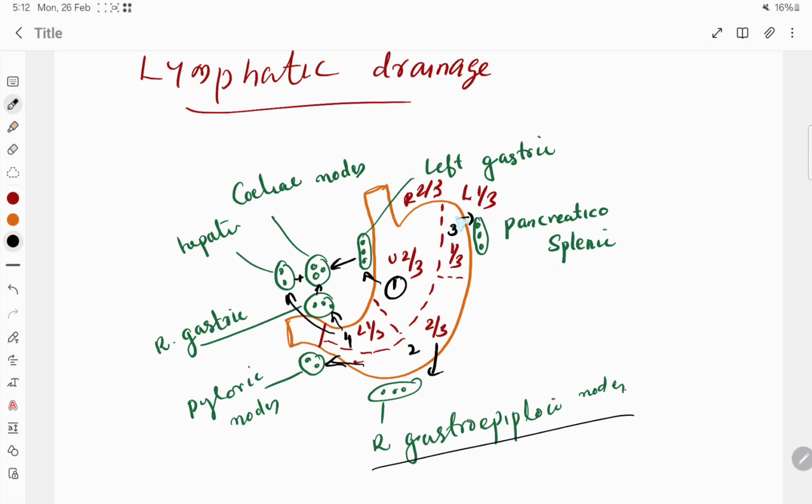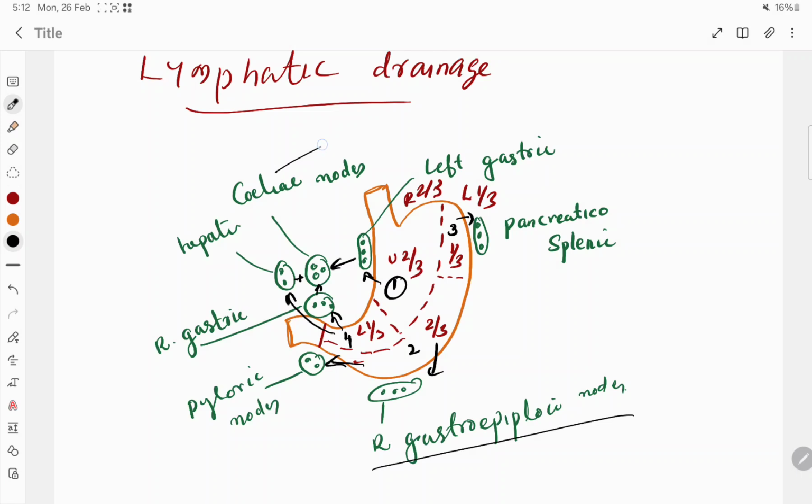Area 3, the upper one-third of the left one-third, drains into the pancreatico-splenic nodes, and area 4, the lower one-third of the right two-third, drains into the right gastric nodes and the hepatic nodes, and from this whole area it drains into the celiac nodes.